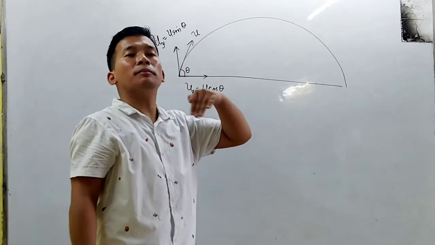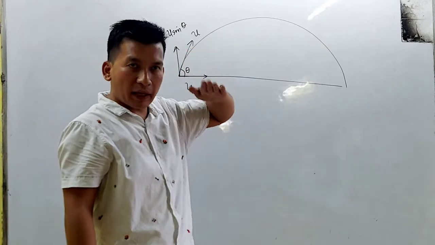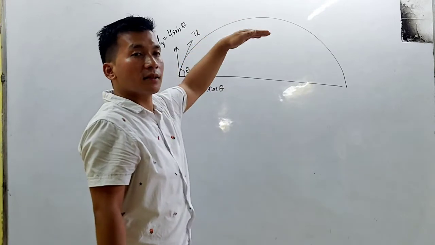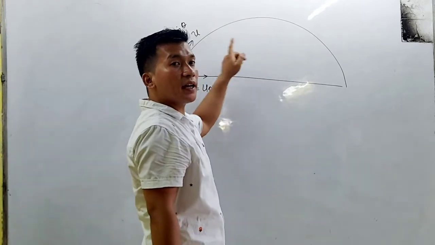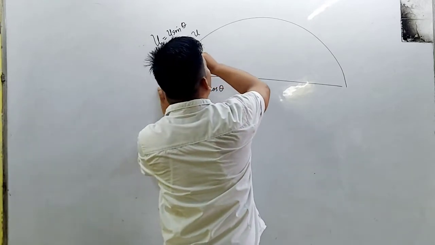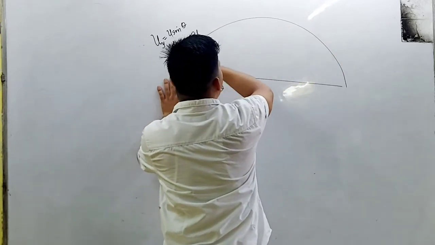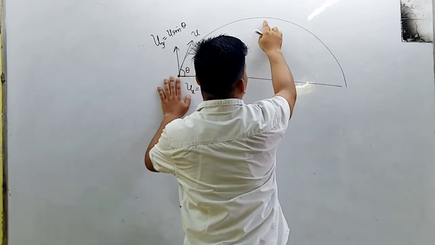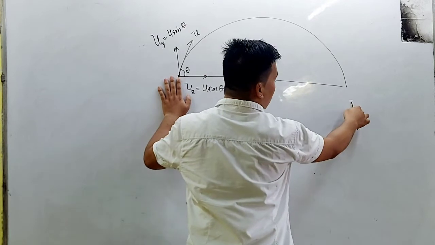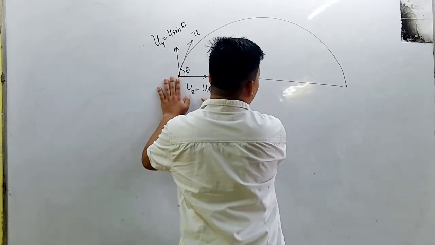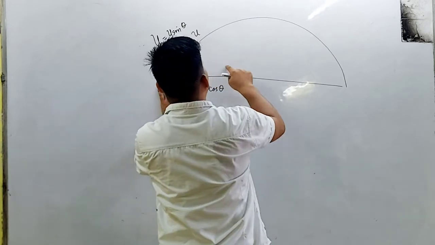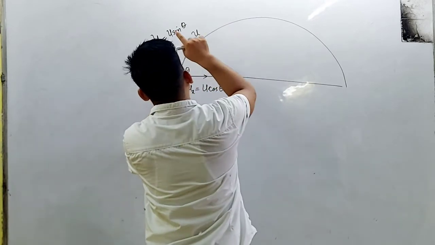Vertical component will produce a change in the displacement in the upward direction, in the y-axis. Horizontal change in the position will be produced by ux. Vertical change in the position will be produced by uy.